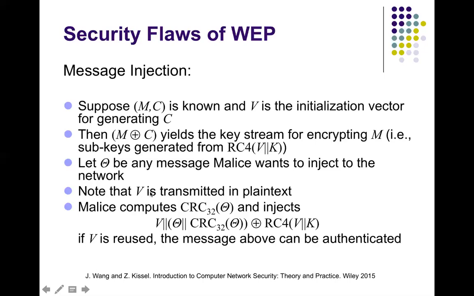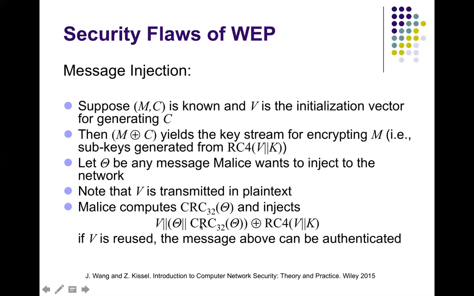Now remember, V is transmitted in plain text. So what Malice needs to do is to compute the CRC32 of the data and then inject. So it has this initial vector. The data is what she wants to inject into the network.